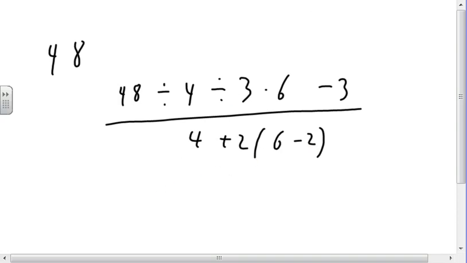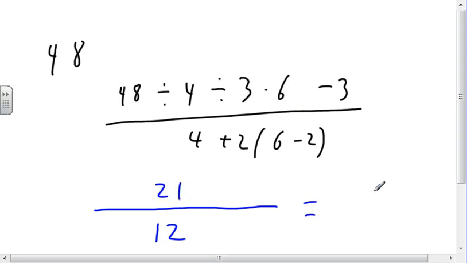Let's see, we'll do the bottom first. 6 minus 2 is 4. 4 times 2 is 8. 8 plus 4 is 12. So I got a 12 on the bottom. 48 divided by 4 is 12. Divided by 3 is 4. 4 times 6 is 24. 24 minus 3 is 21.